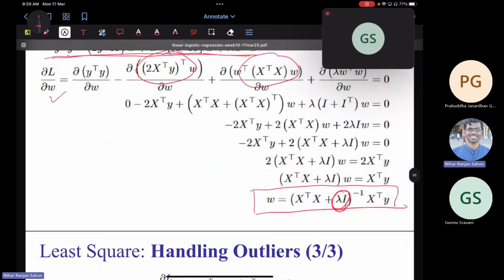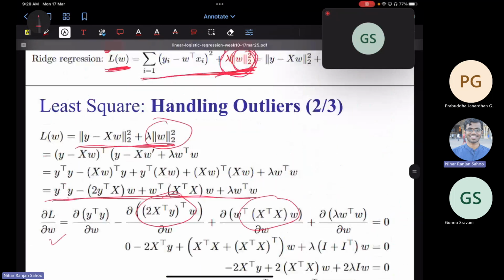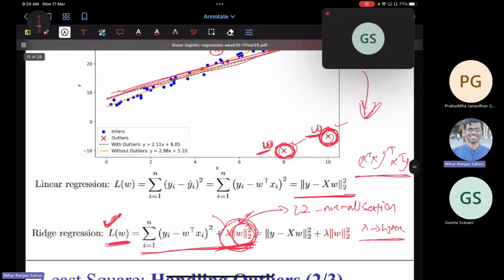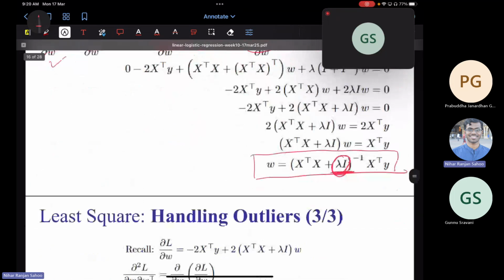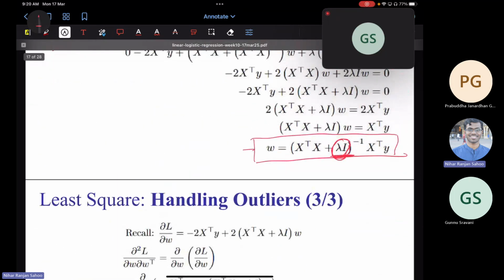Lambda is the hyperparameter we know. Why was this lambda I required at all, to tackle these outlier points or other scenarios? So this is the closed form solution for ridge regression.